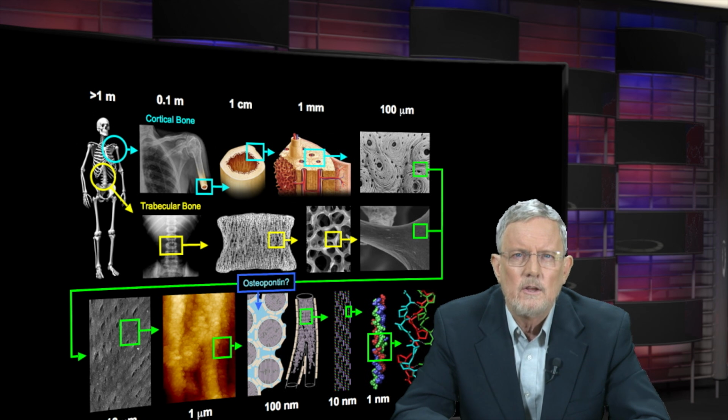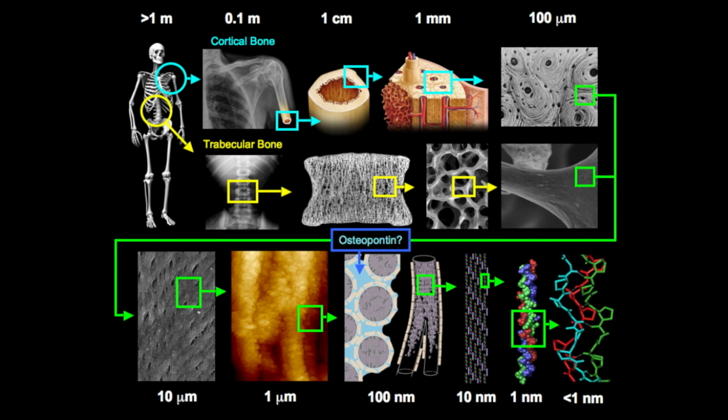Where it gets tricky is when you go below these length scales, down to the bottom row. Here it's been very hard to study bone because the mineral plates in bone are just a few atoms thick. They're very, very tiny, and so it's taken very powerful microscopes, atomic force microscopes, to be able to look at them for the first time.